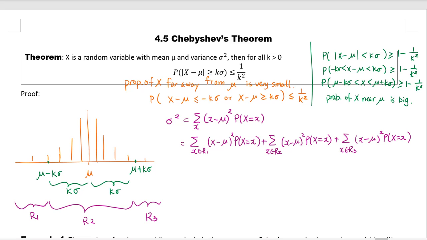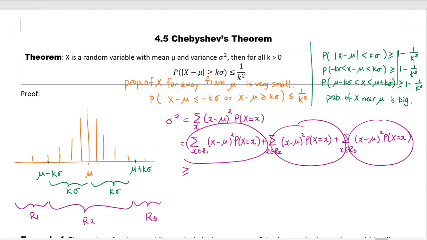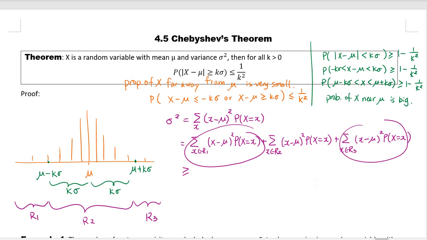Now this is greater than or equal to just 2 of these 3 terms, because the inner part is positive. If we count fewer x values, we get greater than or equal to, so we just look at the sum over the regions R1 and R3.